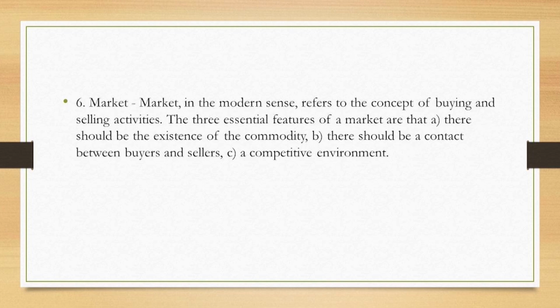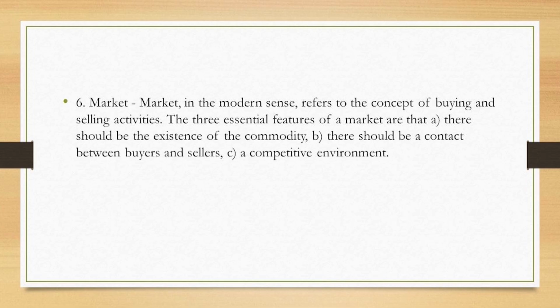Next part is the market. All of these items will be in vain if the market is not sufficient. So everything has to be analyzed according to the market. Market in the modern sense refers to the concept of buying and selling activities.